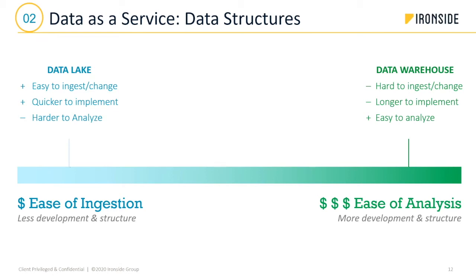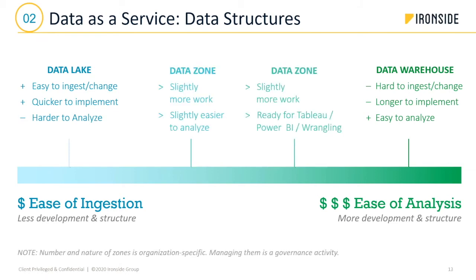And so these two data structures are sort of at the ends of a spectrum. And an important aspect of the analytics framework is that they're not the only points. So what organizations need to do is to create sort of different data zones that are in between those two.